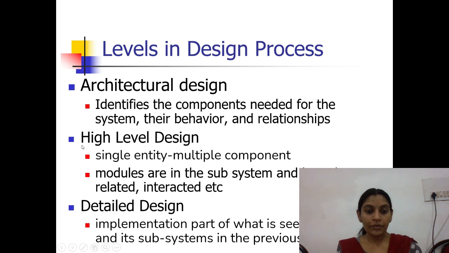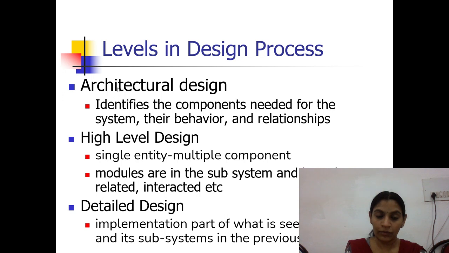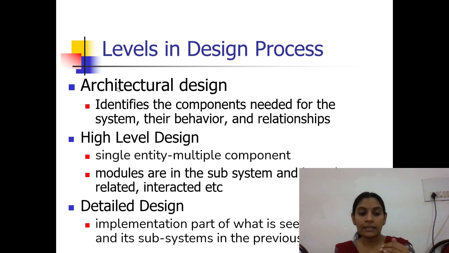And we have few levels in design process. We can say that the different levels are architectural design, high level design, and detailed design. And architectural design is actually to identify the components which are really required for the whole execution of the software, and the relationship between those components. And this high level design is actually something called a single entity multiple component design.